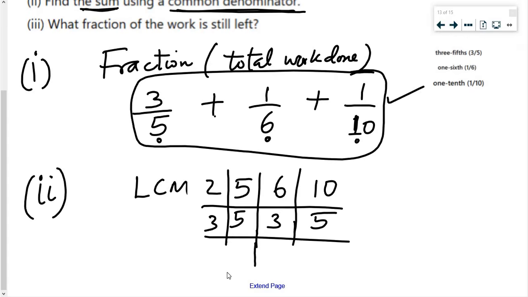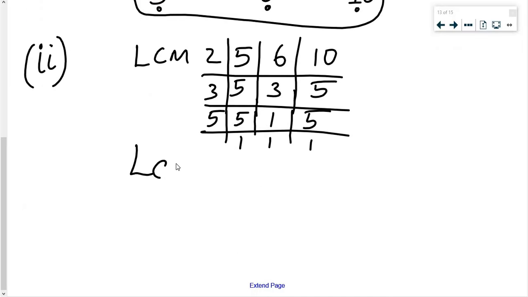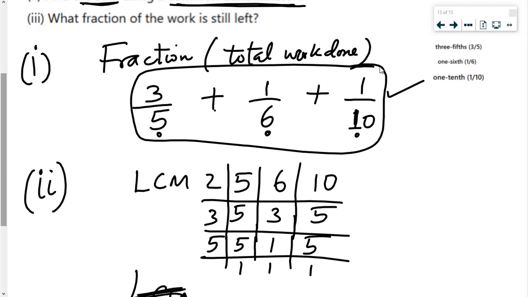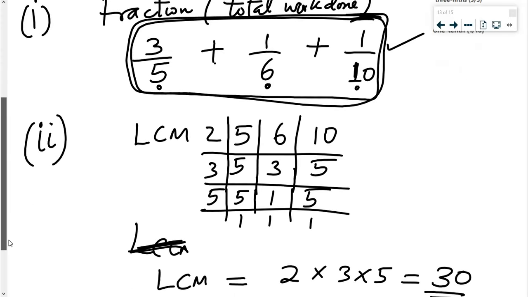By 3, you have 5, 1, 5, and by 5, you have 1, 1, 1. So LCM will be equal to 2 into 3 into 5, which gives you 2 into 3, 6, 6 into 5, 30. So LCM is 30.